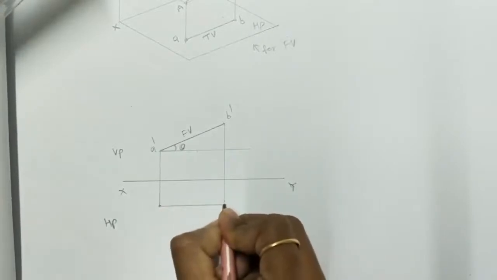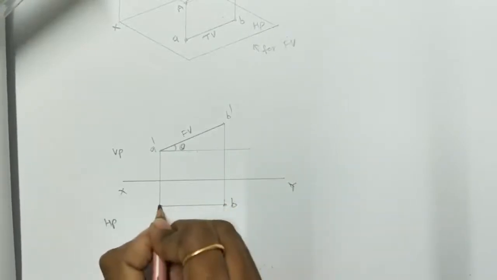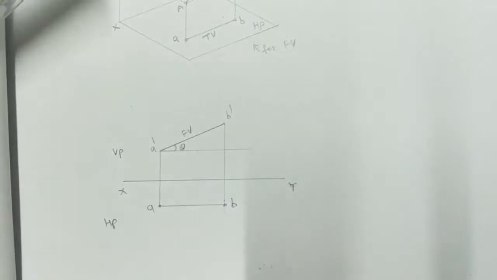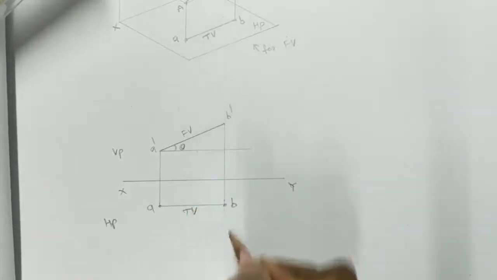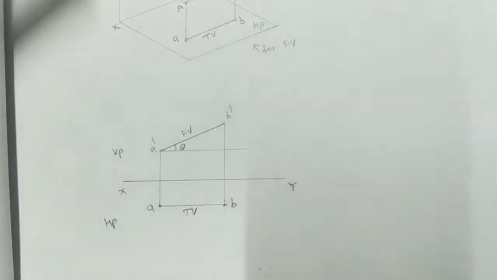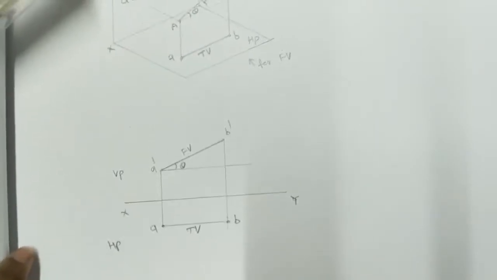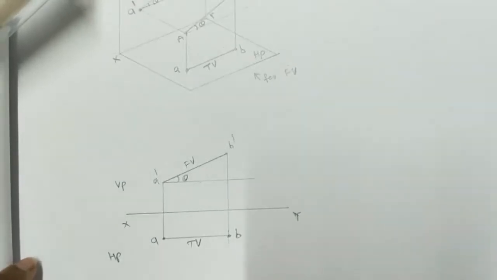Give names to these points: this is point B and this is point A, which is the top view. Now this is the presentation in 2D of a line which is inclined to HP and parallel to VP.